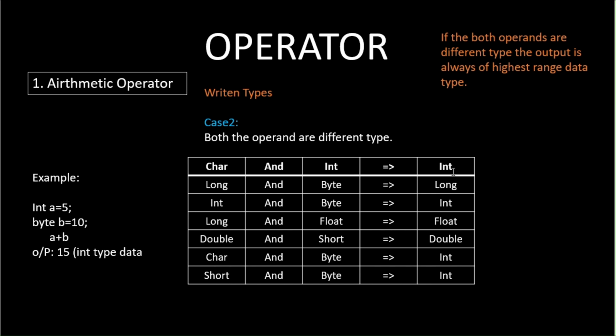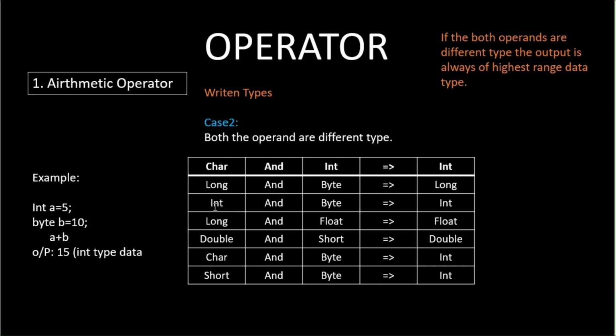what type of data will we get? According to this definition, we will get the higher range of data. Here char and int gives int type data. The same as long and byte, we will get long type data because long is larger than byte.